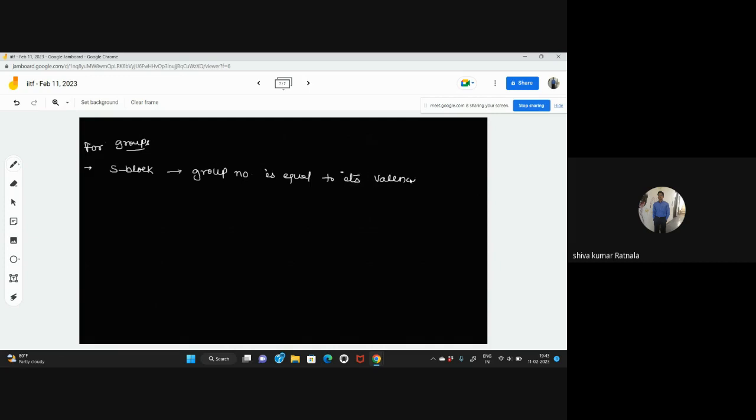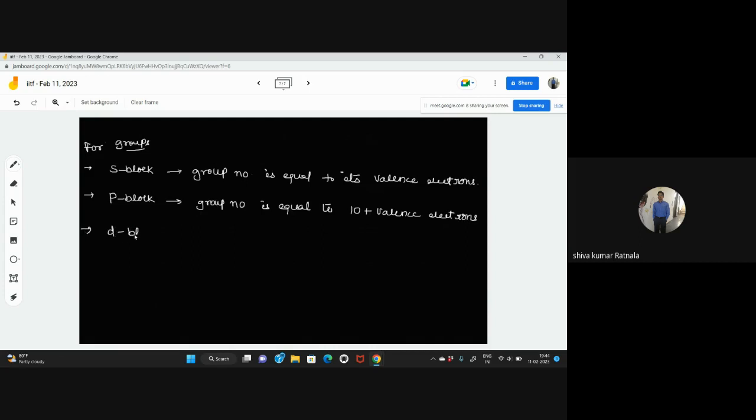Valence electrons you can identify, right? Next, for p block elements, group number is equal to ten plus valence electrons. You need to add 10. You need to remember this.